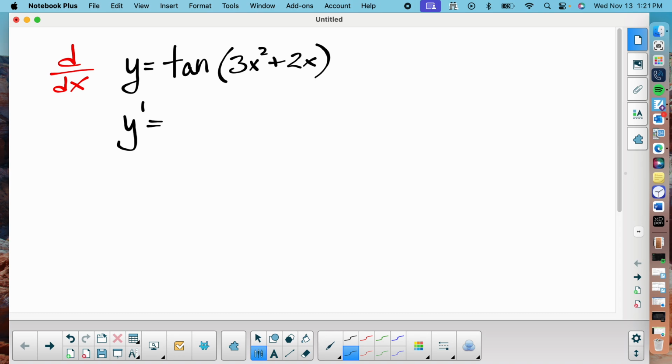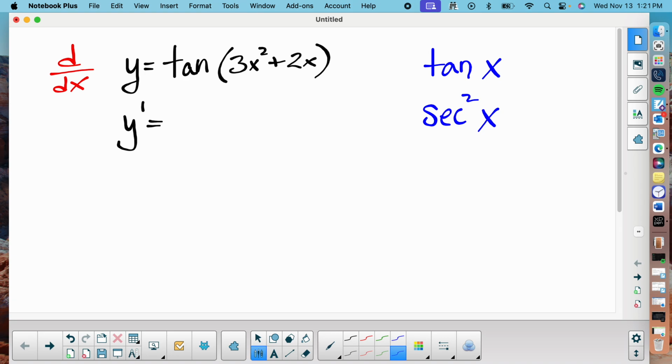The only difference is whatever is in the angle position, you're going to multiply by the derivative of whatever's in the angle position. So previously, the problems we had before would have been tangent of x. And the derivative of tangent of x is secant squared x. And that's where we stopped it. But it still does actually fit the chain rule version of the derivative.